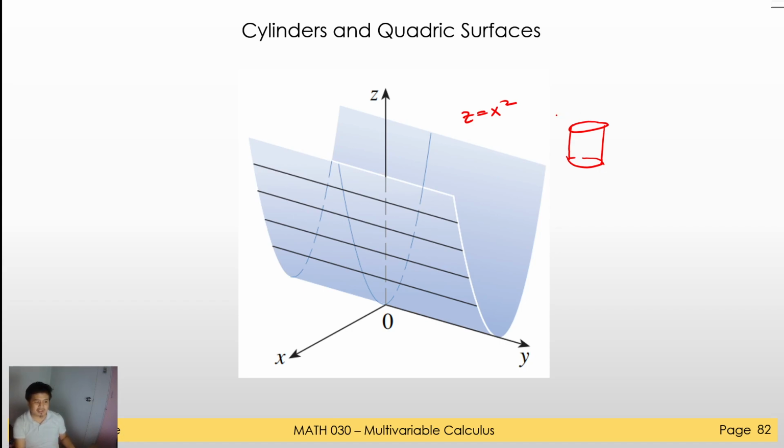To be specific, this example is called a parabolic cylinder. As long as you have a trace, or an intersection of your surface, that is the same all throughout, it is called a cylinder. That is the definition of a cylinder in multivariable calculus.